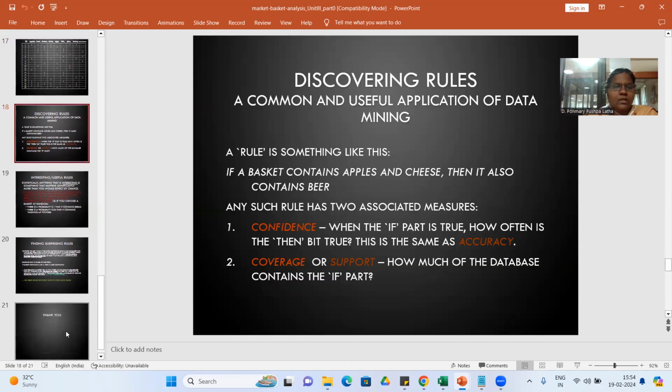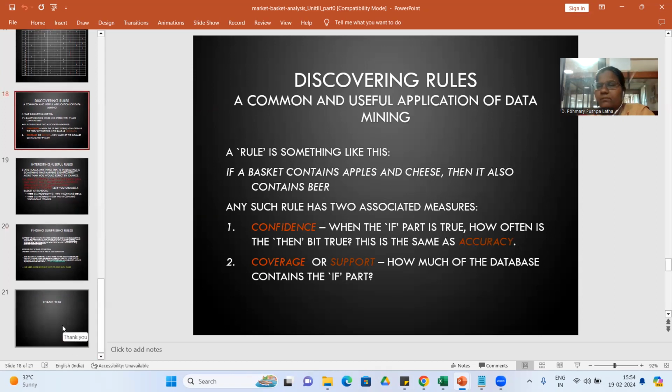So here there are two concepts which are very useful in market basket analysis. One is confidence. If I buy bread, then how much is it true that I am also buying jam?